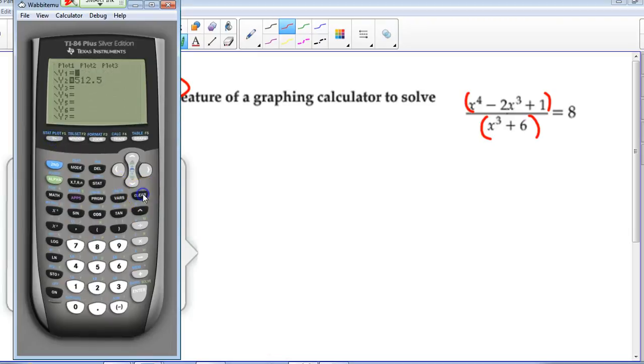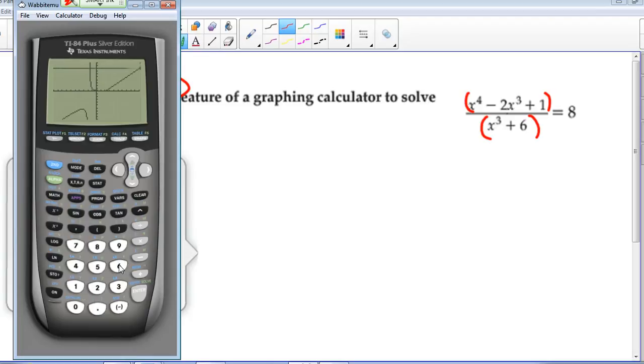We could try a standard window to begin with and see what happens. The line y equals 8 will definitely show up in our standard window.